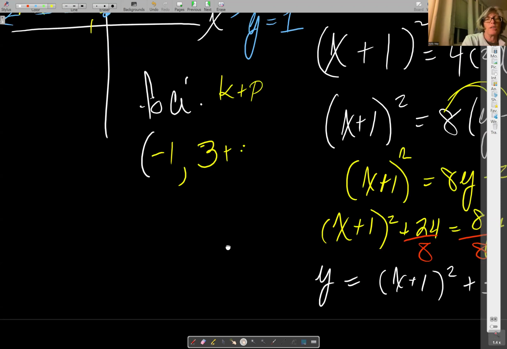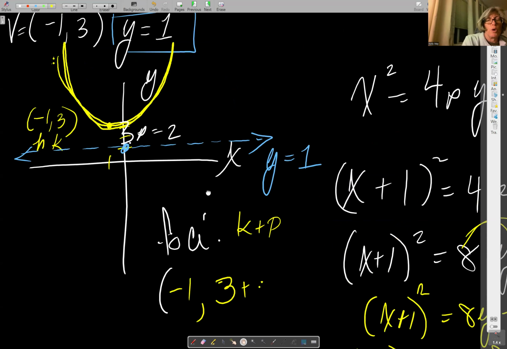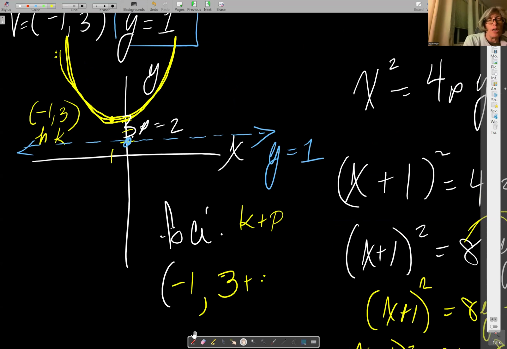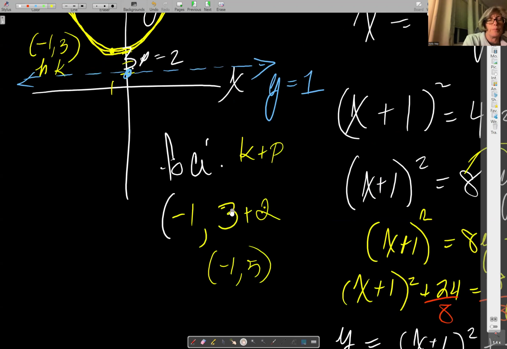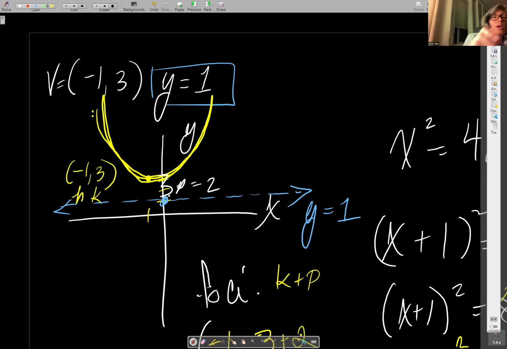If we're at y is 1 and we're going to y is 3, then it's going to be y plus 2 because our p is 2 in this case. So your foci is going to be at -1, 5. -1 and 5 would be your foci. 1, 2, 1, 2, and you're done.